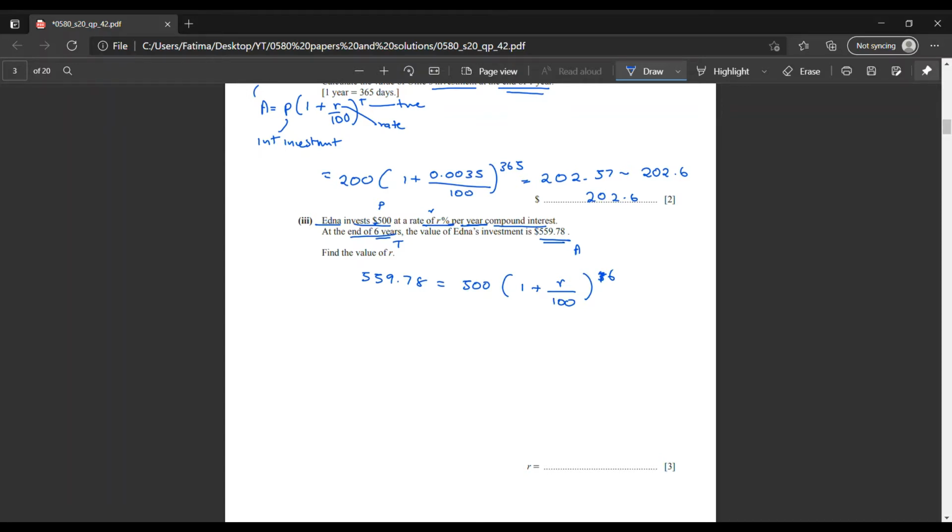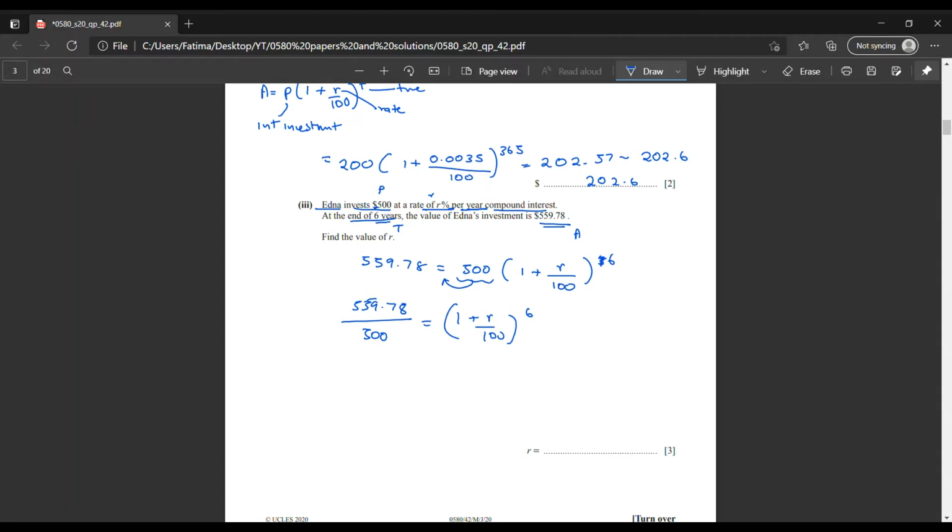Okay, so now we can take this to the left hand side, so multiplication would change to division. Therefore it would be 559.78 upon 500 is equal to 1 plus r upon 100 whole raised to 6.